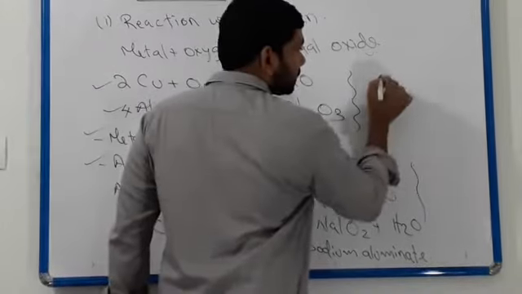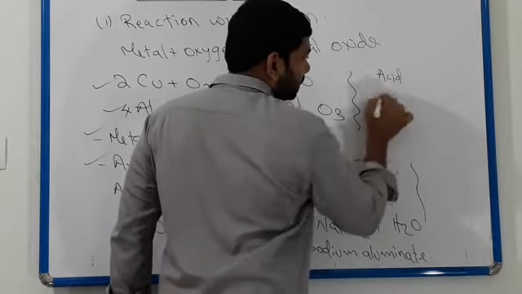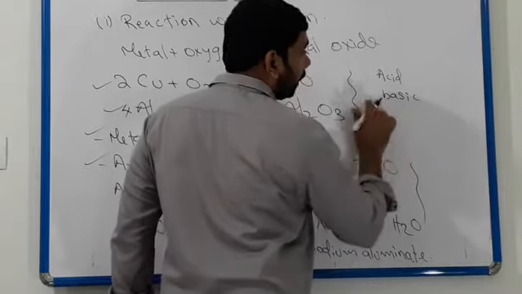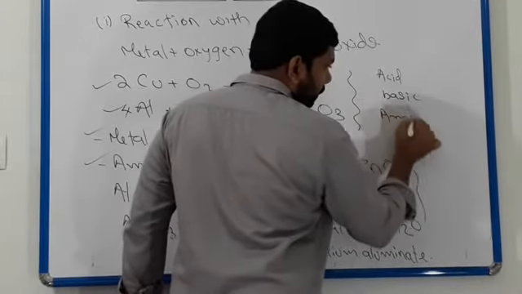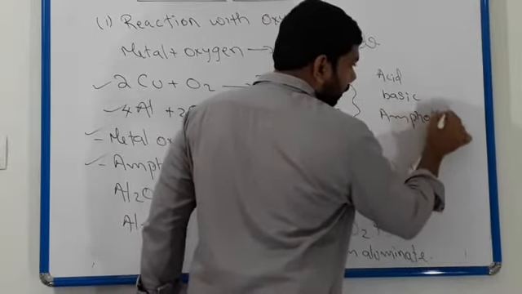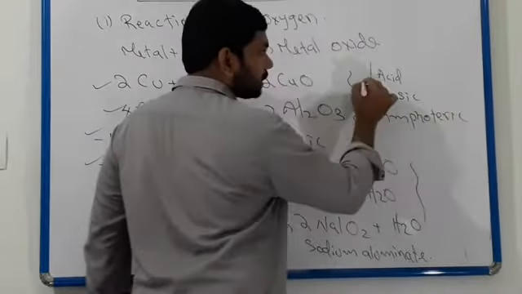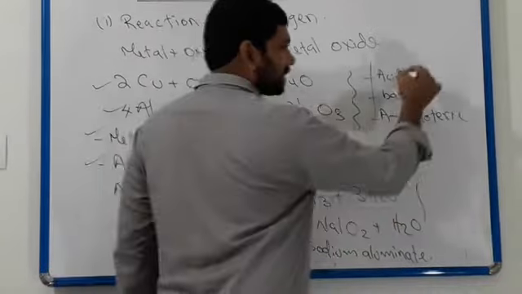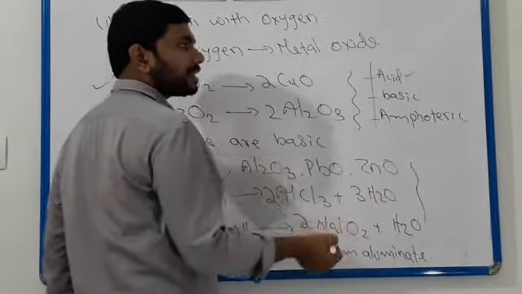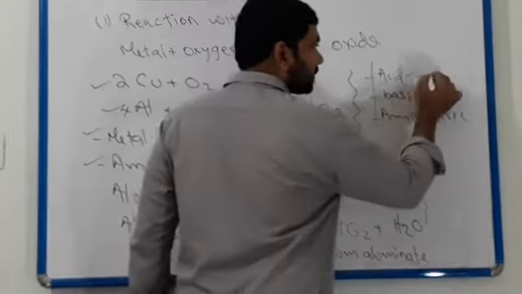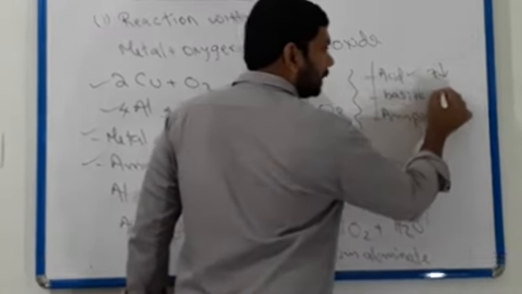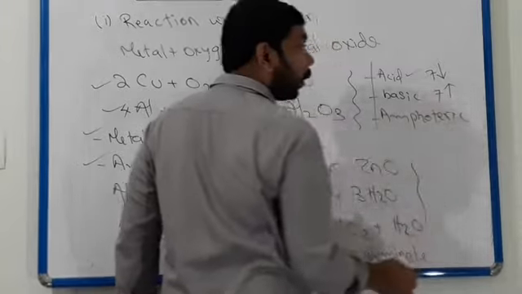You know, there are acidic substances, basic substances, and another one, amphoteric substances. So you can classify substances as acidic, basic and amphoteric. An acidic substance means a substance with pH less than 7. A basic substance means a substance with pH more than 7.